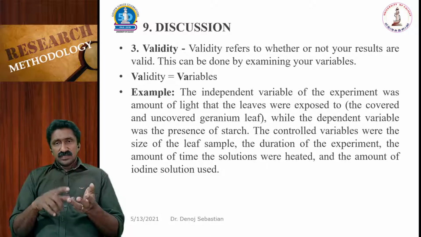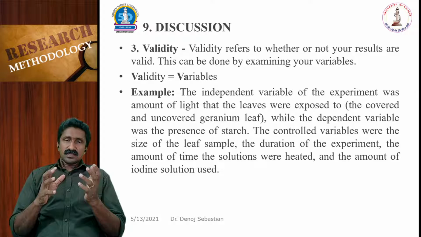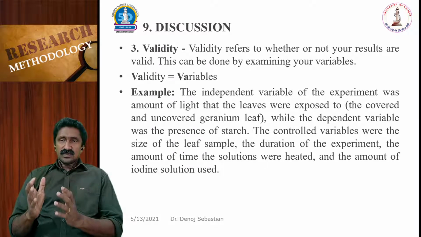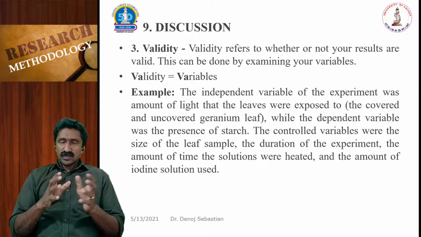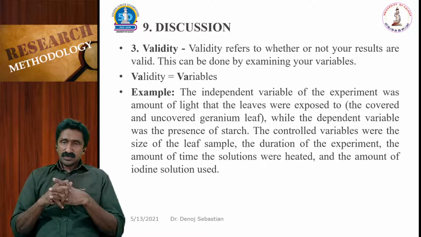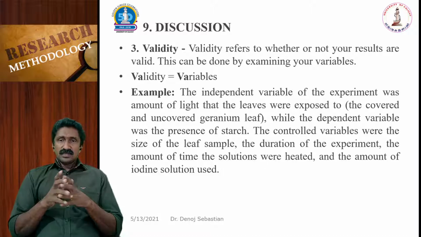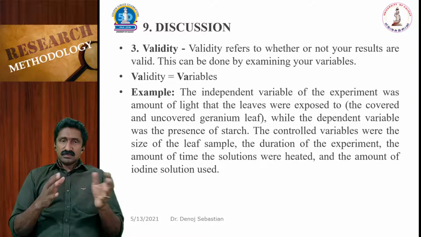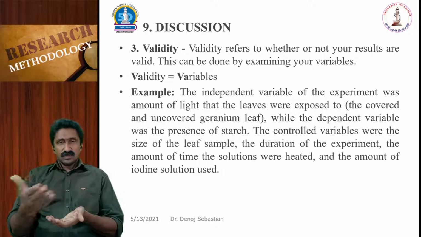The independent variable of the experiment was the amount of light that the leaves were exposed to. So one of the variables that you are studying is the amount of light that is applied to the leaves. And the covered and uncovered geranium leaf can be used here. For example, you can cover the leaves or uncover the leaves.